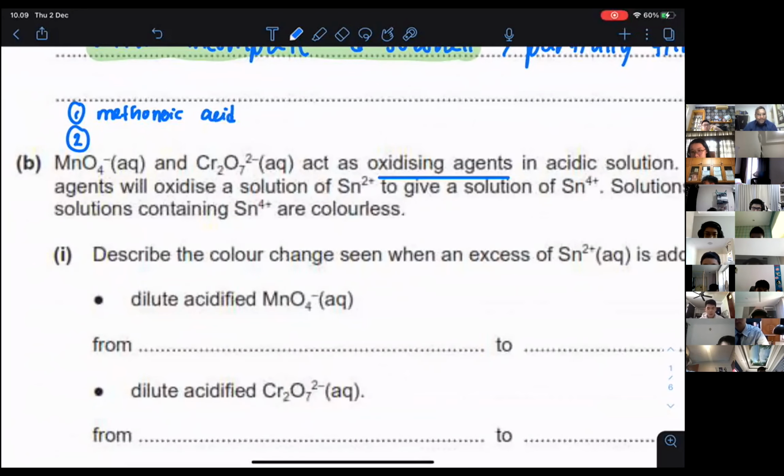Maybe Wilson. Ethanoic acid. Not ethanoic acid. Ethane dioic acid. I do not know whether the spelling is correct, but anyway, I'll just write down this acid and this acid.